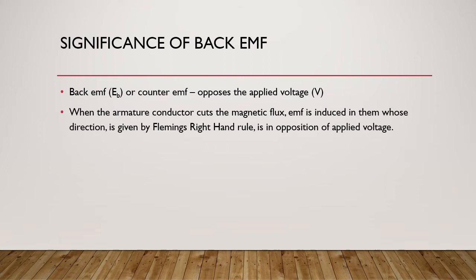Now, due to the DC motor rotation, the rotating conductor cuts the flux, so an EMF is induced. That EMF is called back EMF or counter EMF, which opposes the applied voltage. We apply some voltage to the motor, that is the input.